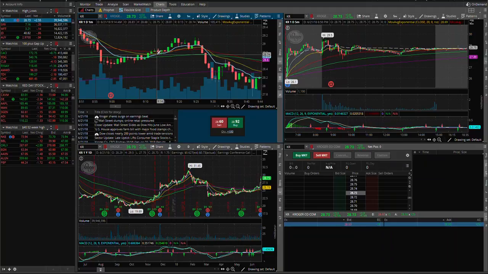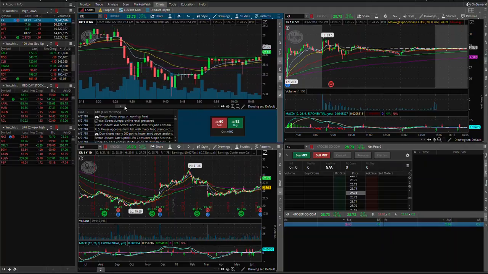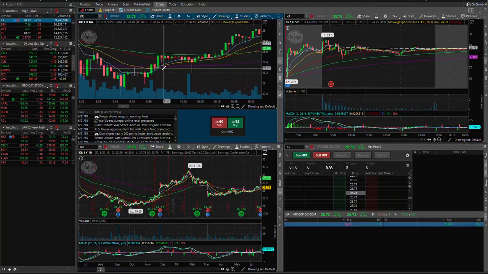A bullish crossover happens when a shorter time period EMA crosses over the longer time period EMA, which would be this right here. So as you look at this, let me see if I can find something a little bit more clear.